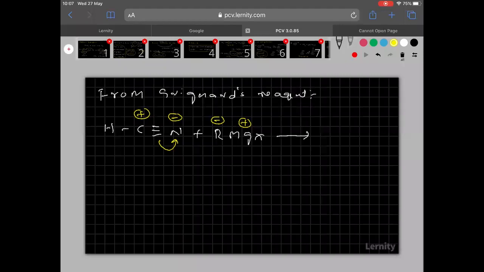Clear everyone? Now what happened here? This negatively charged R combines with this carbon. So what is the intermediate formed here? See clearly. One pi bond is broken here, giving HCR double bonded NMgX. And what happened? This will undergo hydrolysis. Clear everyone?